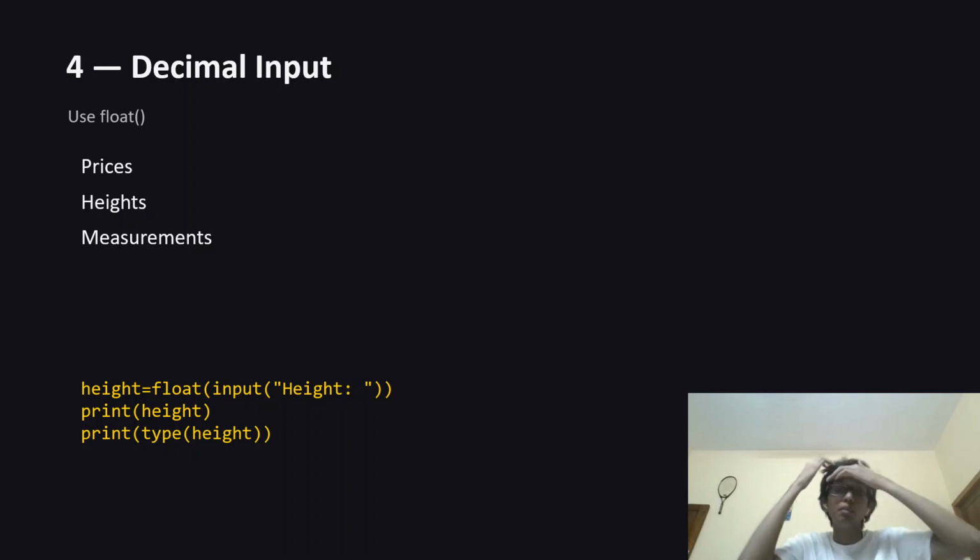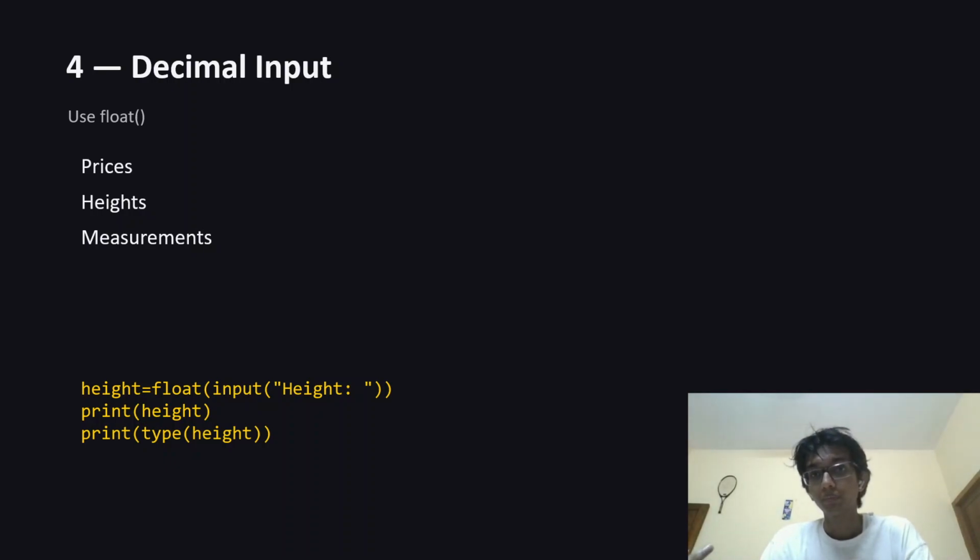Now we also have decimal input. Because there are different data types, and float is another data type. Just like how we converted string into integer, the same thing is done for float also. The world doesn't always run on whole numbers.